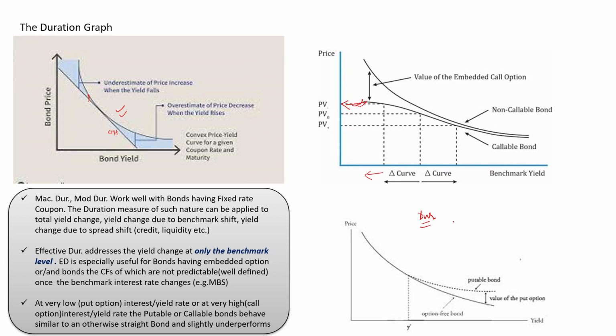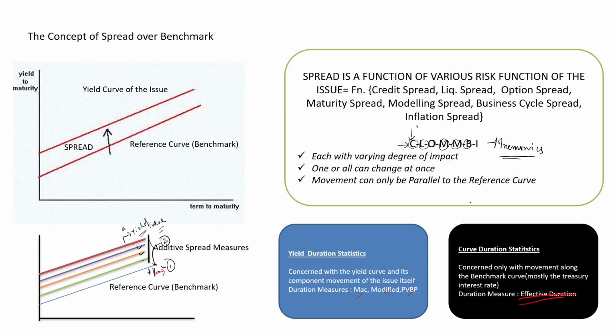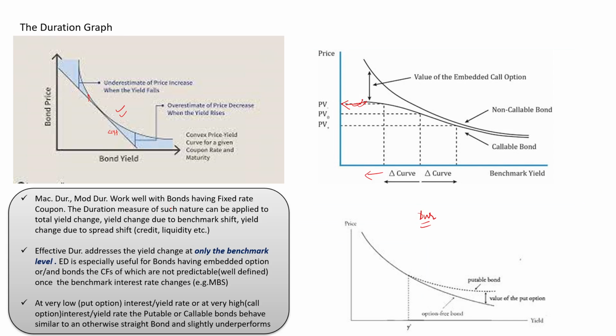So from these two curves, we understand one thing, that with the interest rate changing continuously, even by a minuscule fraction or some substantial portion of it, the traditional duration measure, which measures the duration based on the yield curve movement itself, will become meaningless because of the embedded option.